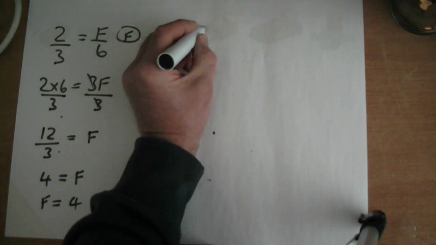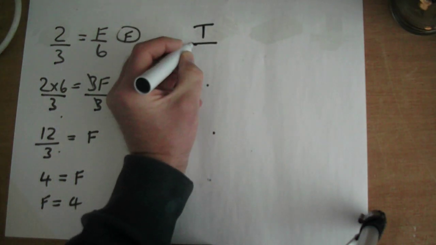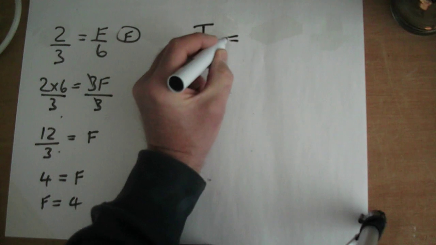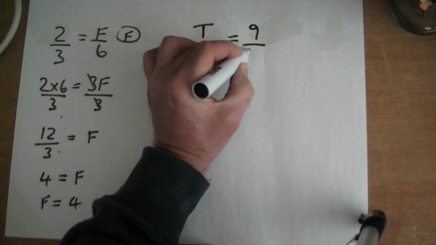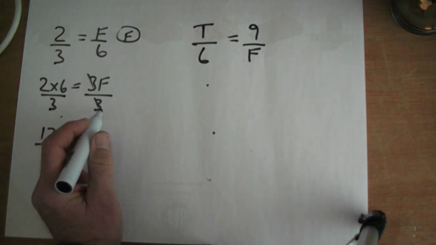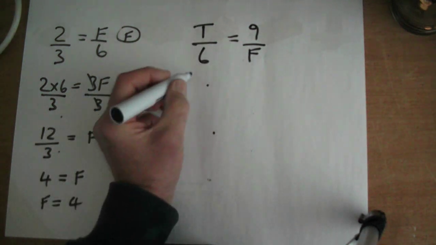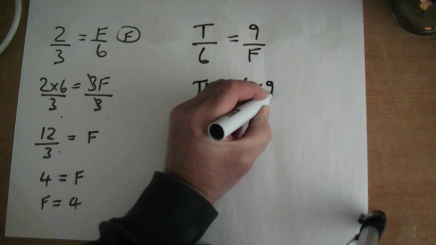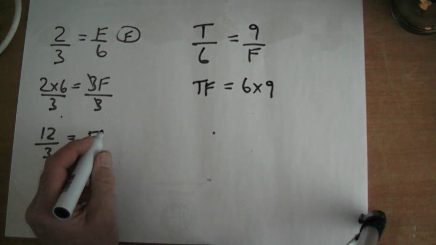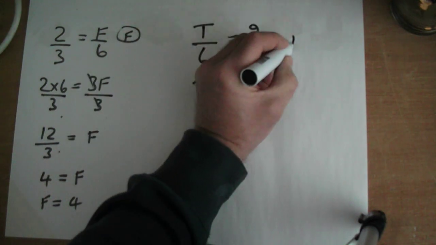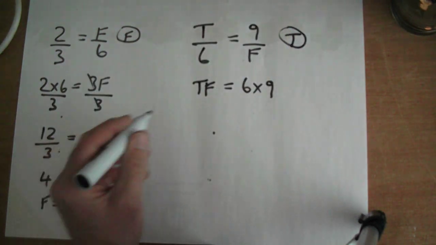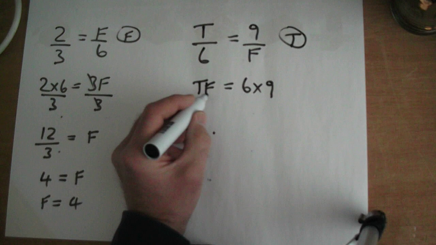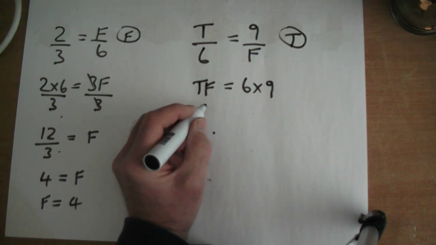Another one, t divided by 6 equals 9 divided by f. Cross multiply, tf equals 6 times 9. I'm trying to find t, that's what I'm trying to find. We've got to get t on its own, so I have to divide this side by f.